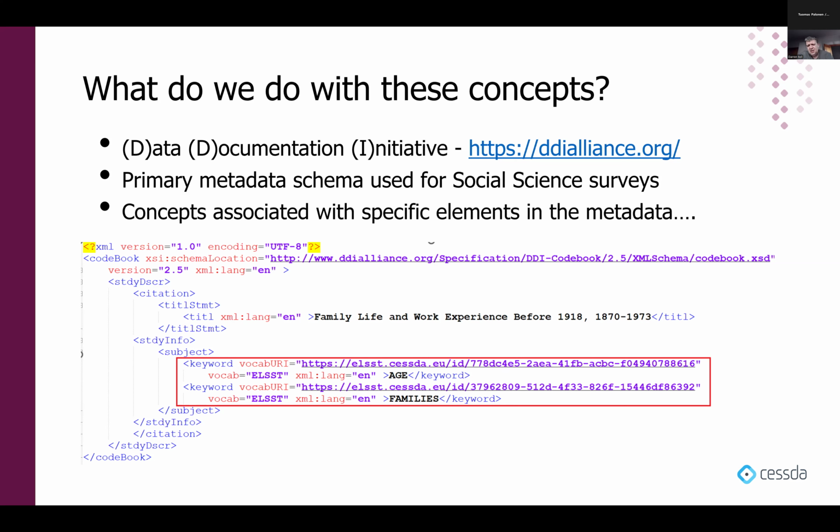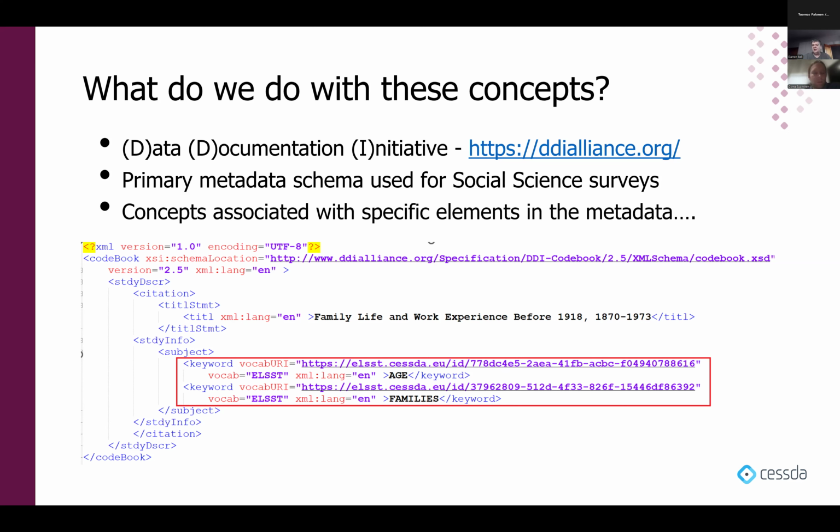That's useful up to a point, but the fact that we have the identifier in there as well, which is marked as vocab URI within DDI, means that if another repository is using this keyword, we can say quite unambiguously, yes, this is definitively the same keyword, rather than just comparing the strings. We can compare the identifiers. So at a machine actionable level, that opens up a lot more possibilities in terms of comparability and interoperability.